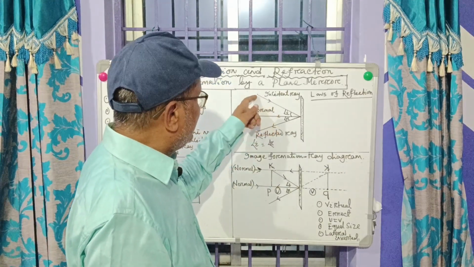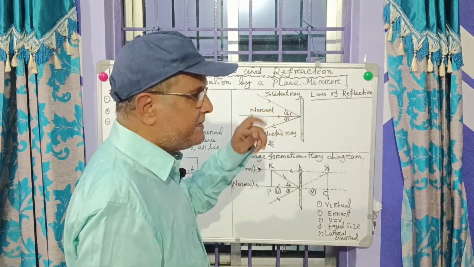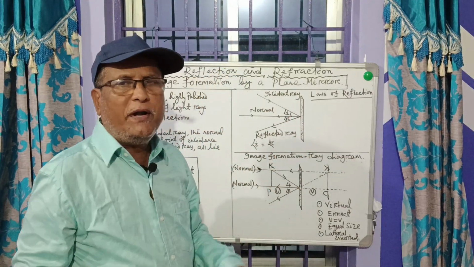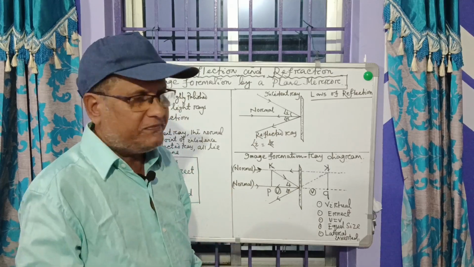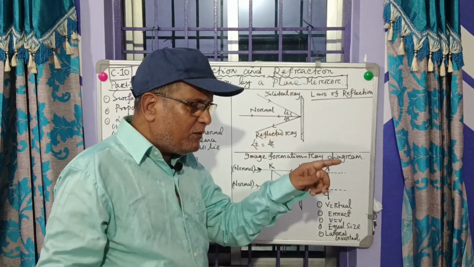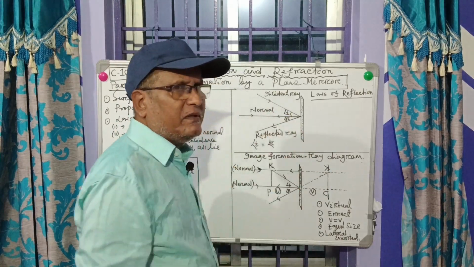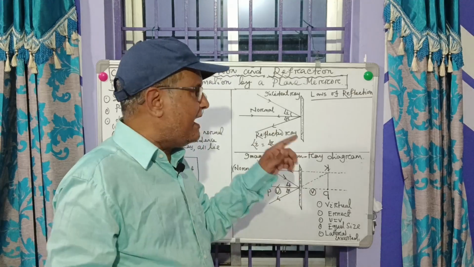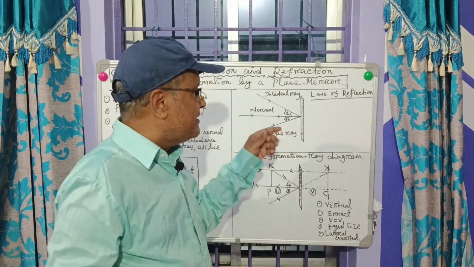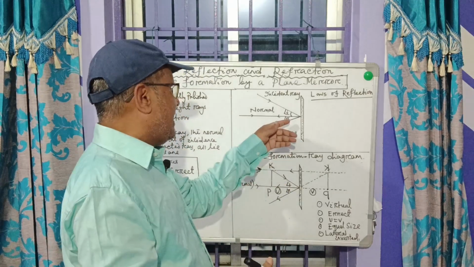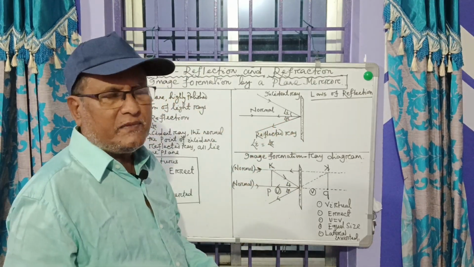This ray is called the incident ray and this point is called the point of incidence. But this ray is perpendicular to the point of incidence, which means it doesn't make any angle, and that ray returns back along the same path.